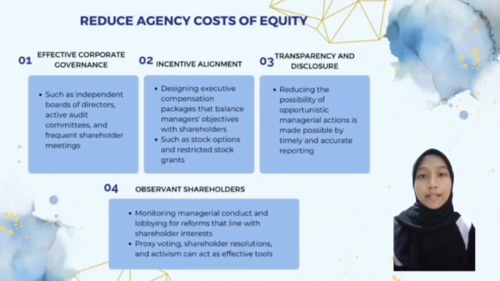Furthermore, transparency and disclosure. Reducing the possibility of opportunistic managerial actions is made possible by timely and accurate reporting, which empowers shareholders to make better decisions. Finally, engaged and observant shareholders can play a role in monitoring managerial conduct and lobbying for reforms that align with shareholder interests.